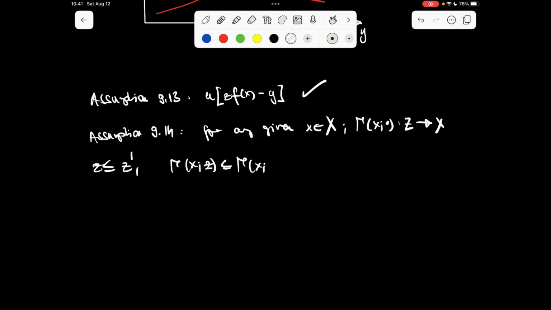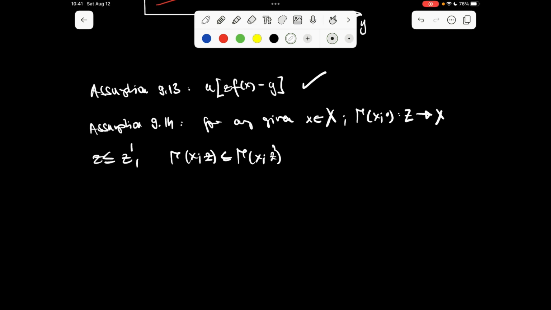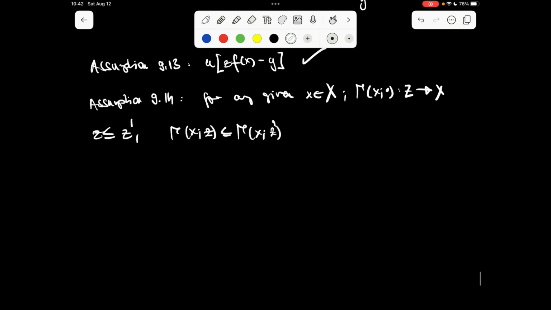So the correspondence for a lower exogenous state must be a subset of the correspondence gamma at the higher shock variable.